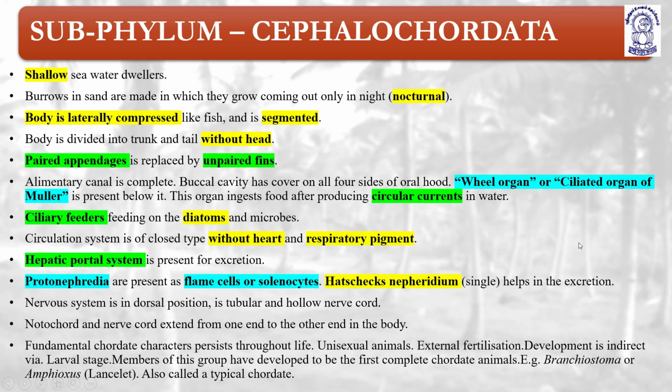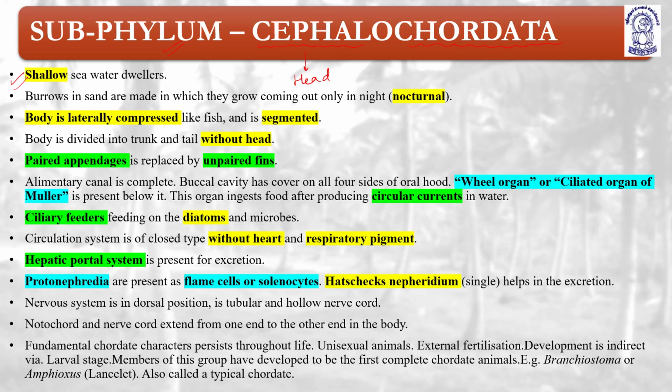Now we are going to talk about the second subphylum. The first subphylum is Urochordata or Tunicata. The second subphylum is Cephalochordata.